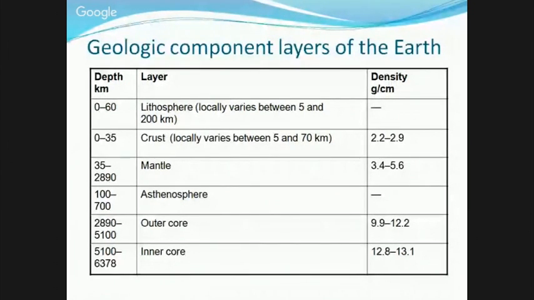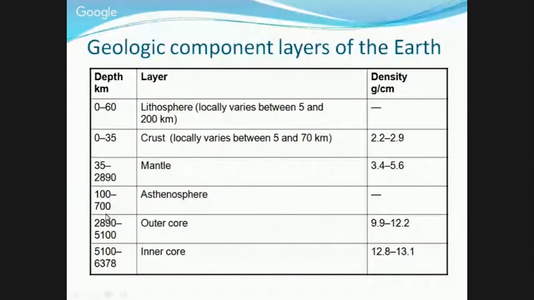If you go into the different structure or components of the Earth, you will find that up to a depth of 60 meters is called the lithosphere. Then beyond that, up to 35, the central core is called the mantle, which has a density of 3.4 to 5.5.